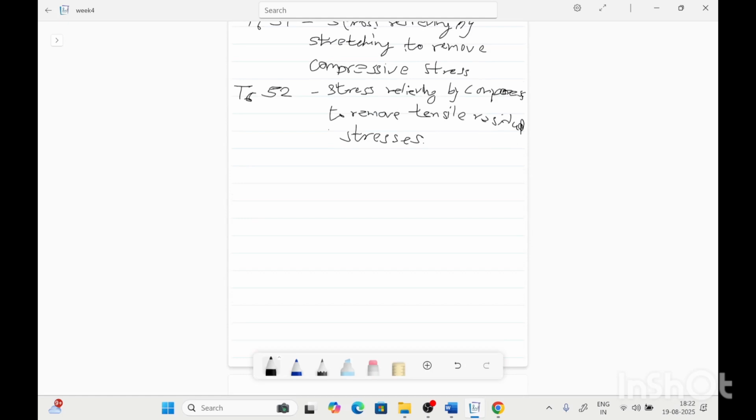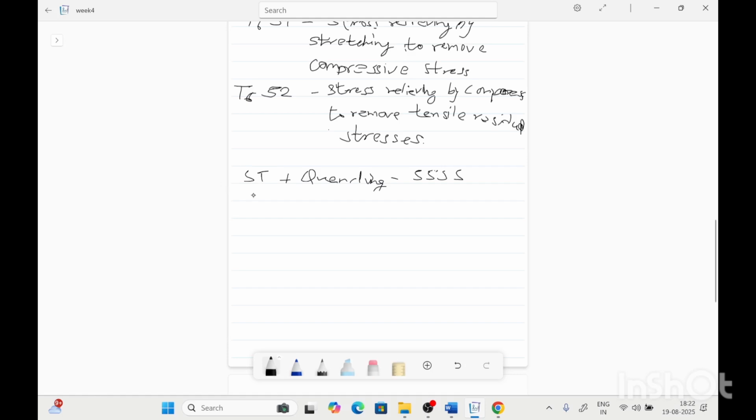Then, how these tempers affect the alloy: it increases the strength of the material while stabilizing the microstructure. If we do the solution heat treatment plus quenching, that will provide the supersaturated solid solution.